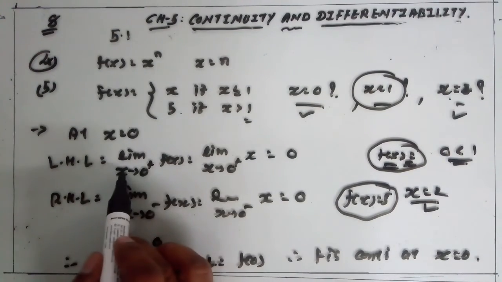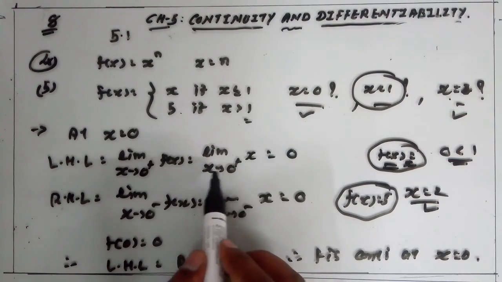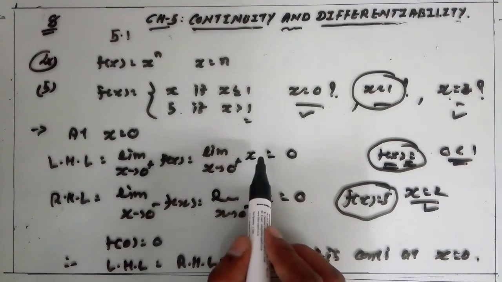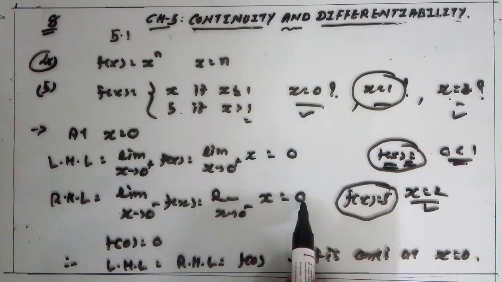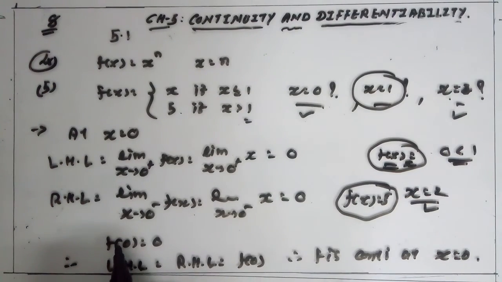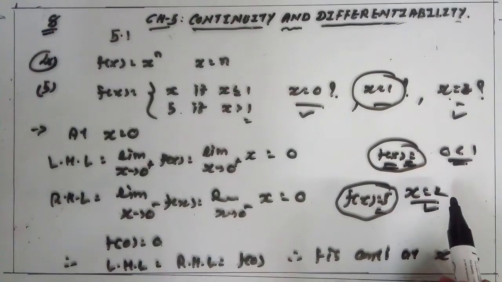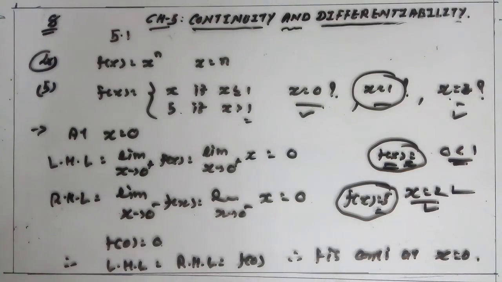Limit x tends to 2 positive f(x) is equal to limit x tends to 2, here f(x) is equal to 5, so we get 5. In the same way on the right hand side we also get 5, and f of 2 is also 5. So all are the same and equal to 5, so we say that the given function is continuous at x is equal to 2. Clear?